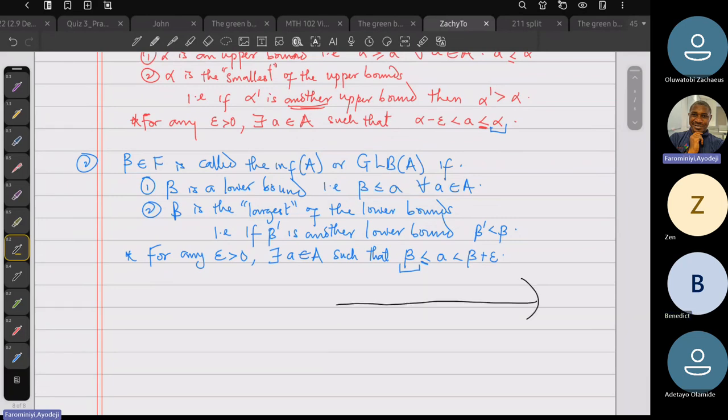If this is our R, then the set of natural numbers will be something like this, where we start with one.